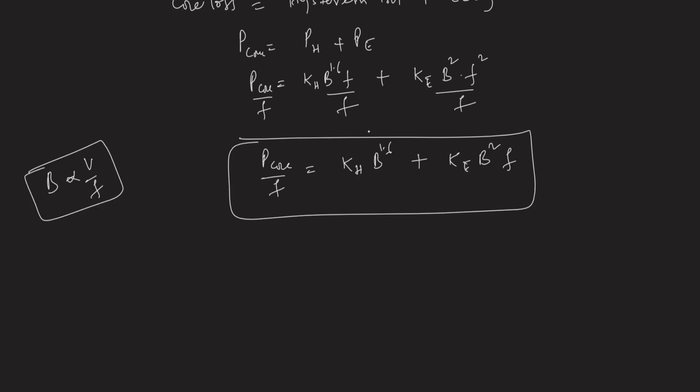Now what I have to do is, when I am varying the frequency, simultaneously I have to vary the supply voltage as well. This is one requirement in separation of losses.